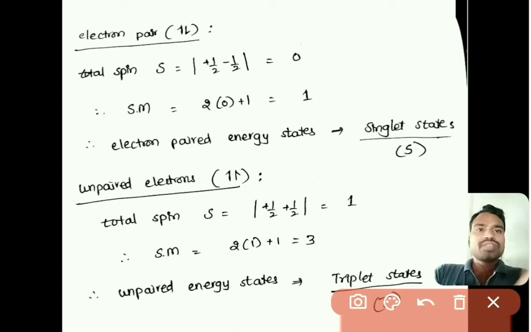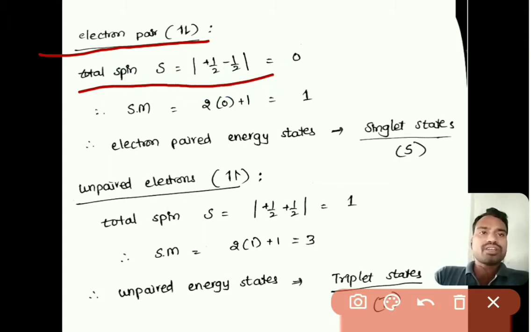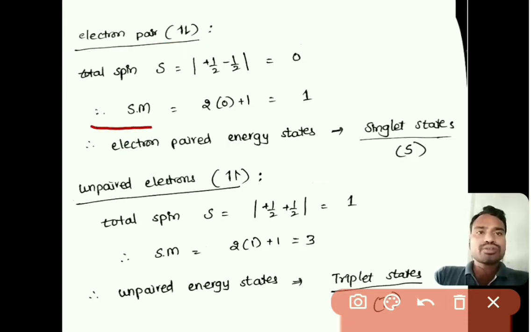Just observe the paired up electrons. One electron will have positive spin and the other electron will have negative spin. So the total spin s equals plus half plus minus half, which equals 0. In the case of the electron paired state, spin multiplicity equals 2s plus 1, that is 2 into 0 plus 1, which equals 1.